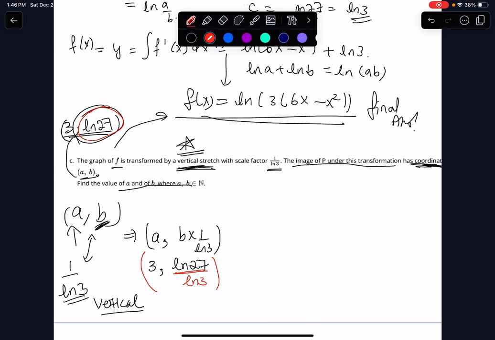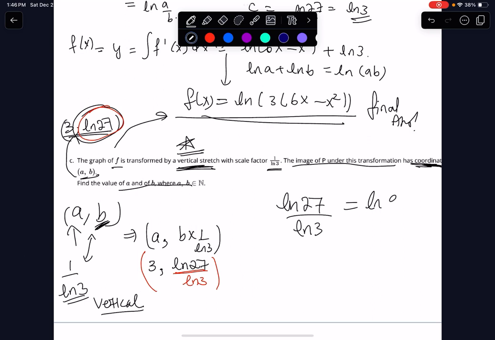You can write ln of 27 as ln of 3 times 3 times 3, because 3 cubed is 27.